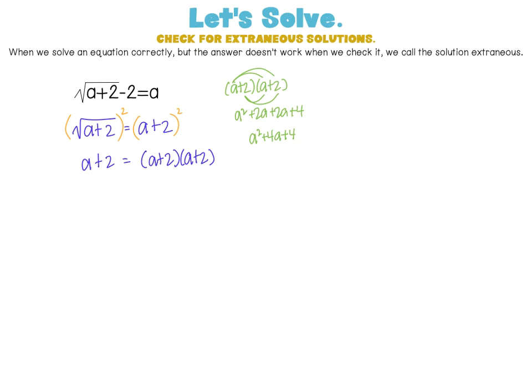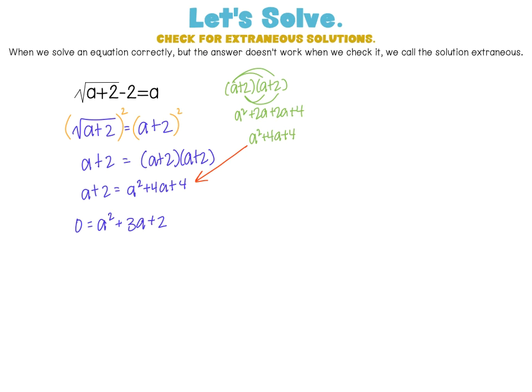So let's come back over to the other side and let's write what we've got so far. I've got the a plus 2 on the left and then my FOILed out polynomial on the right. This is a quadratic. Anytime you have a quadratic, it needs to be set equal to 0 on one side. So I'm going to go ahead and move that a and that 2 over to the other side. So I'm subtracting that a, subtracting that 2 to get the new polynomial you see there.